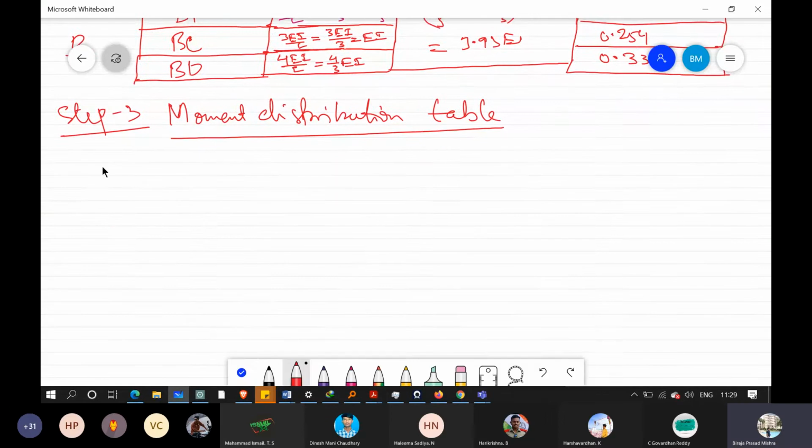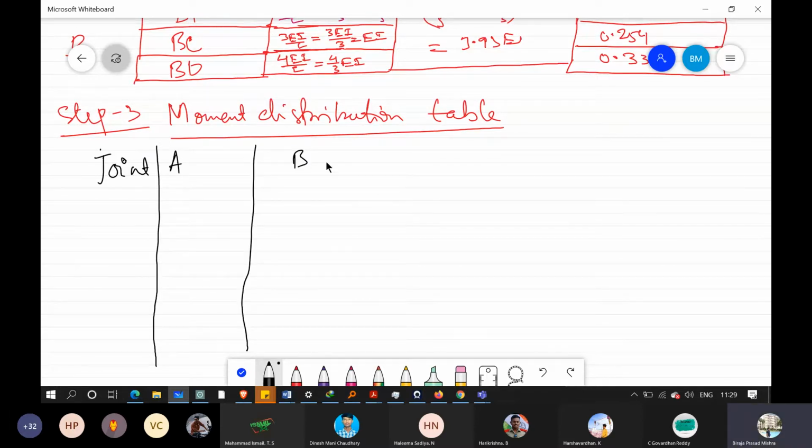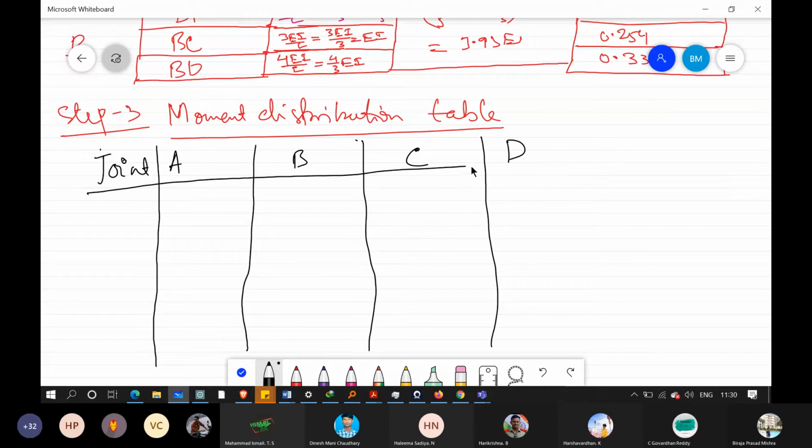So the first one will be joint: joint A, B, C, and D. Okay, so next one is member.